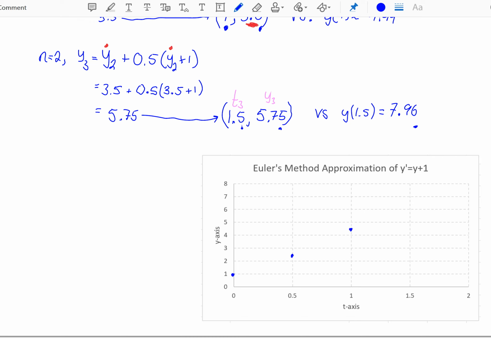At 1.5, it was 7.96, so maybe about here. And a solution curve going through these points might look something like this. Of course, this would continue on, but this is what our exact solution would look like.